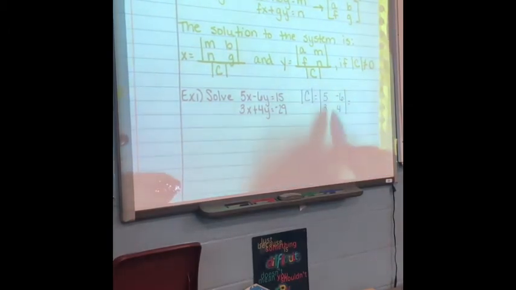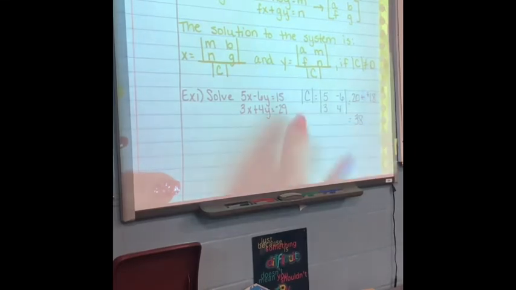All right, so how do I find the determinant of this? Yeah, I'm going to use a second order determinant. I agree. How do I do that? Okay, so 5 times 4 is 20 minus -6 times 3 is -18. So that double negative is going to make a positive. So 20 and 18 is 38. So the determinant of my coefficient matrix is 38.